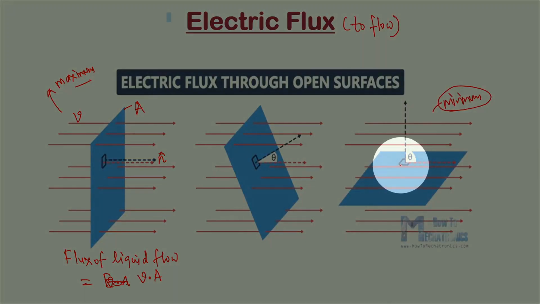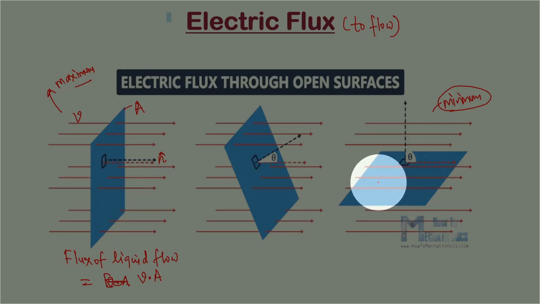No liquid is crossing the cross-section area. So the flux entirely depends upon the placement of the area.